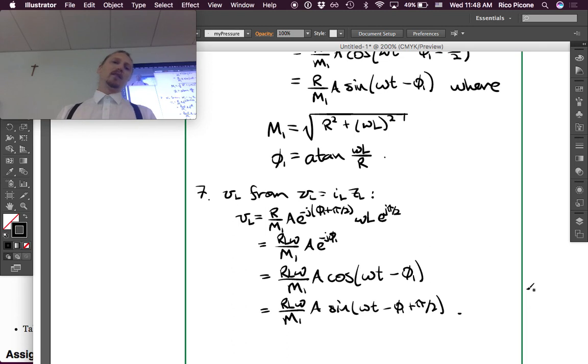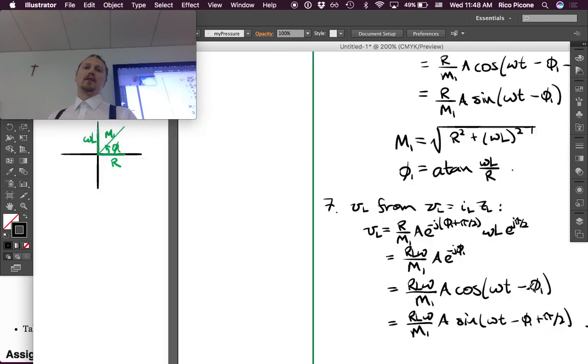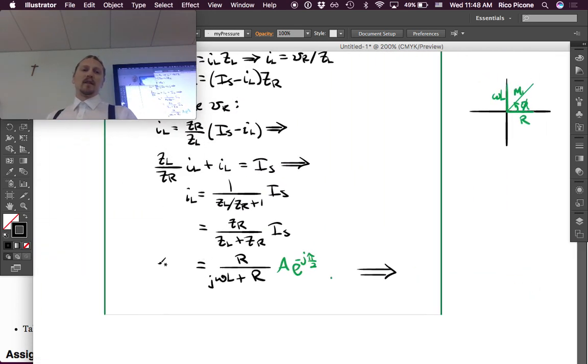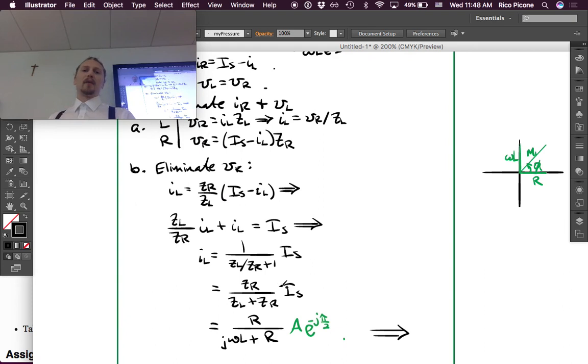But I think most of the time people just get a little bit bogged down in the phasors, polar versus rectangular and all that, cosine versus sine. Try not to get too bogged down in it. That's part of why I recommend getting all the way to this step before plugging anything in.